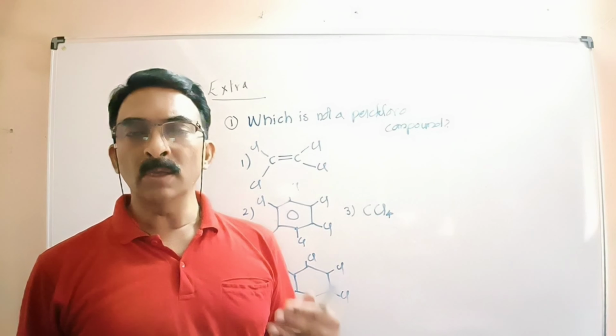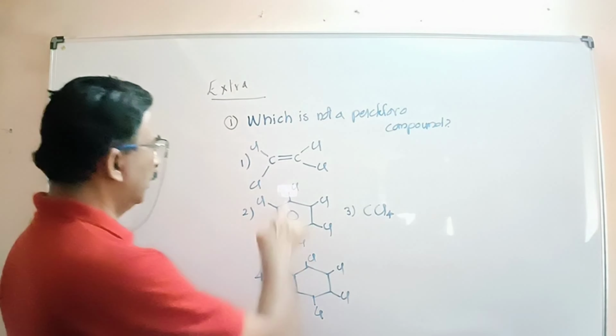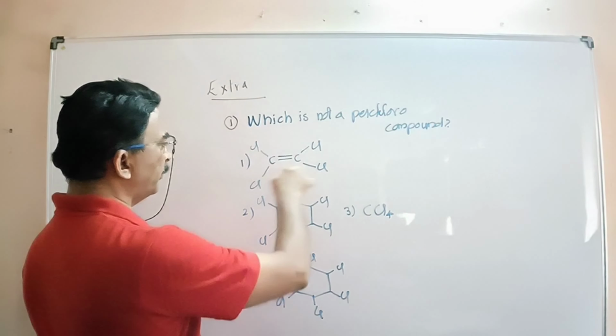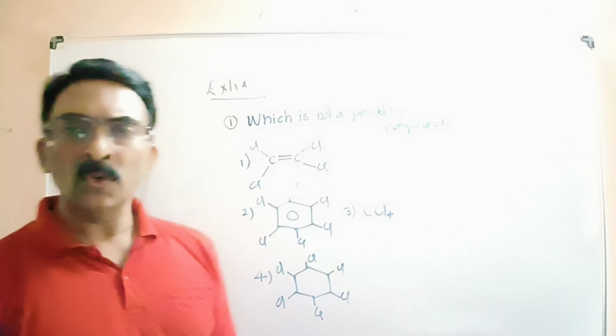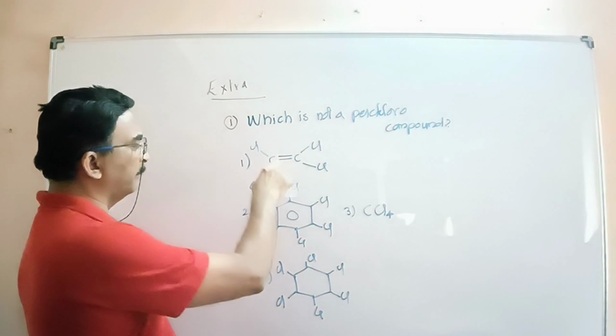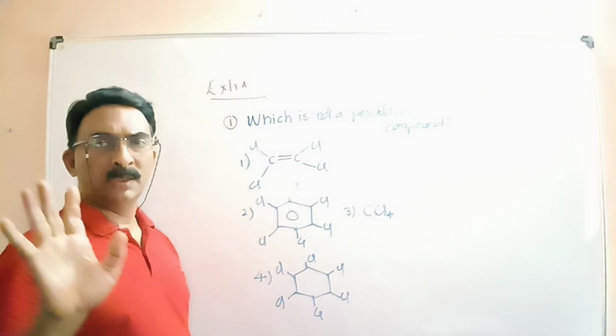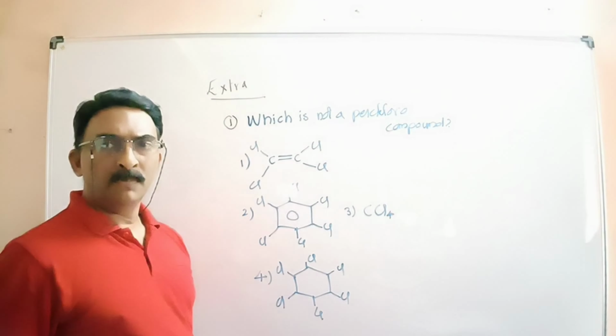That's called a perhalo hydrocarbon. Let's check one by one. Here it is obtained from ethene, where all the 4 hydrogen atoms are replaced by chlorine. So it is perchloroethene. It can be called perchloroethene. It is not an IUPAC name. It's just a common name, trivial name or trade name.